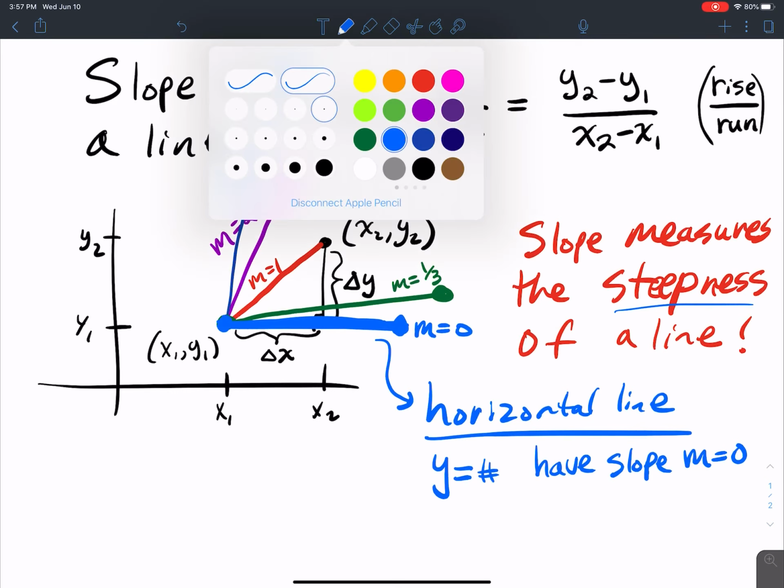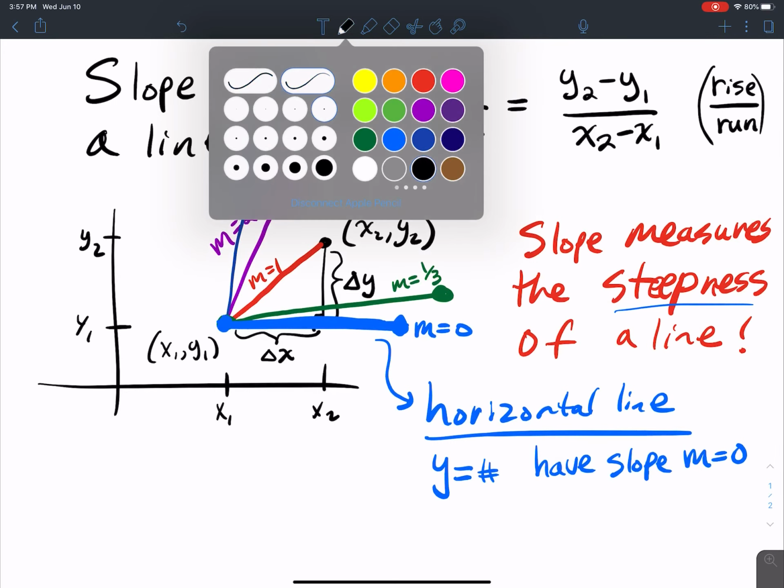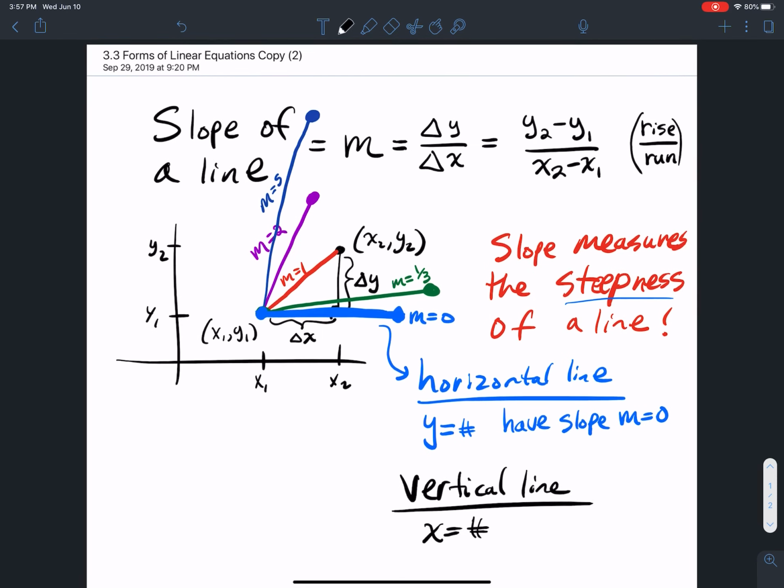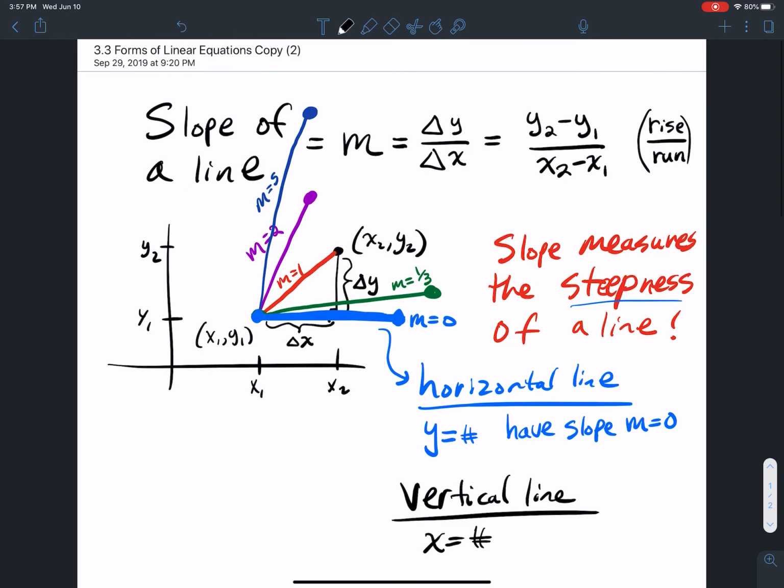Now, the more extreme scenario would be the vertical line. This is x equals a number. When you think about this, what is happening? The closer and closer we get to being vertical, the bigger and bigger my slope is getting.